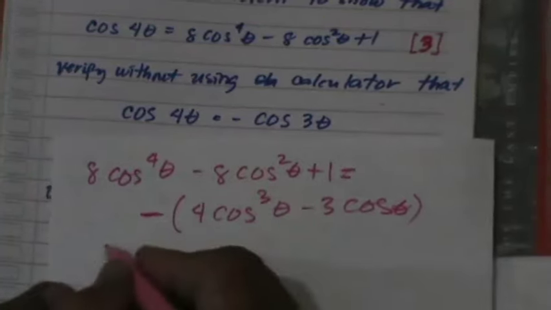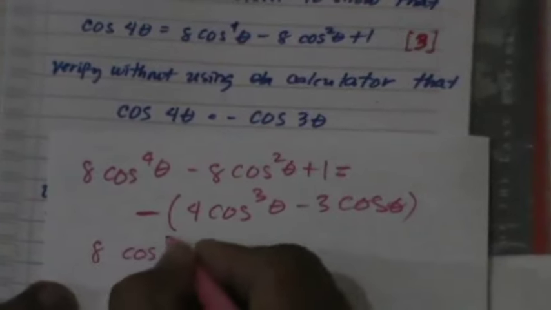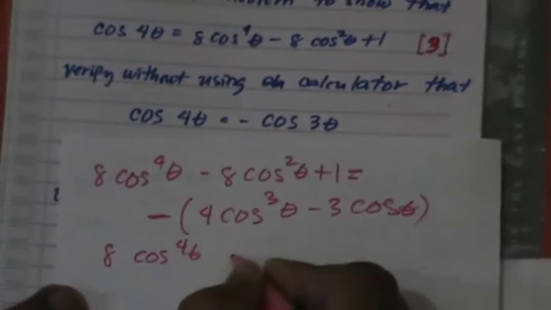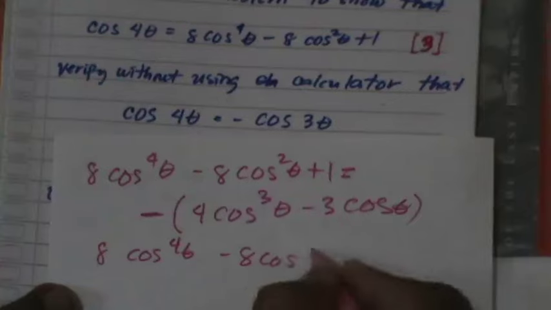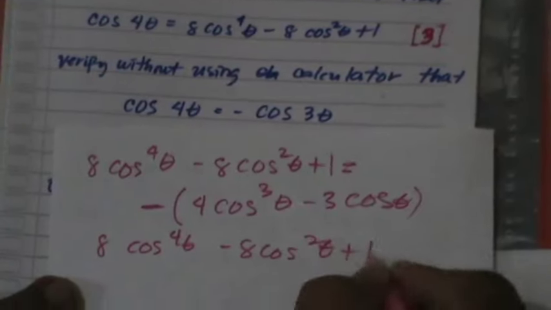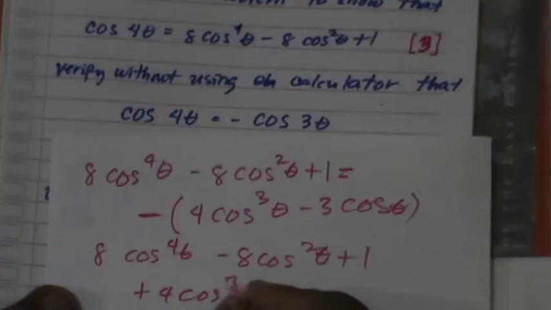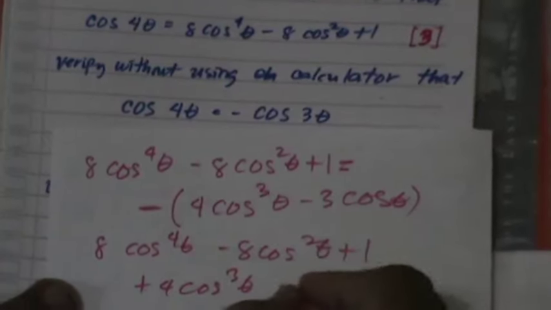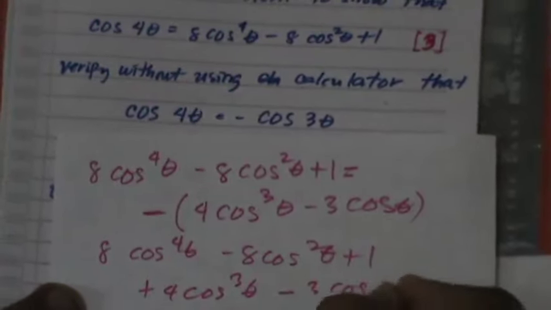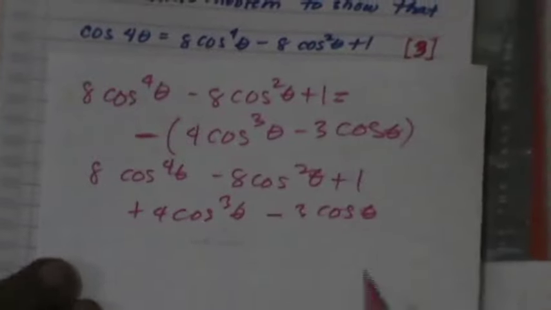So you have there now 8 cosine 4 theta minus 8 cosine squared theta plus 1. And then this one is moved to the other side, so that is now plus 4 cosine cubed theta minus 3 cosine theta. And there you go.